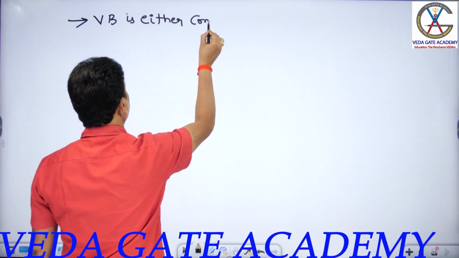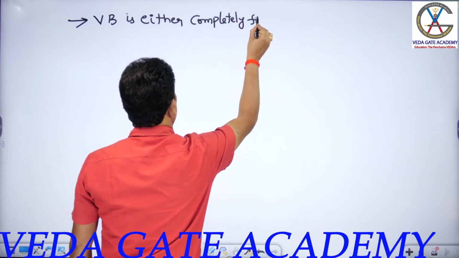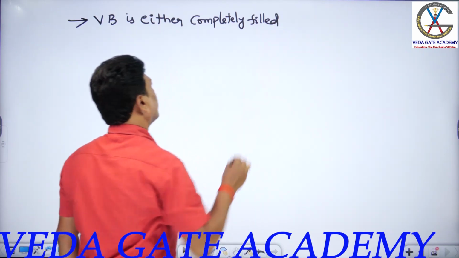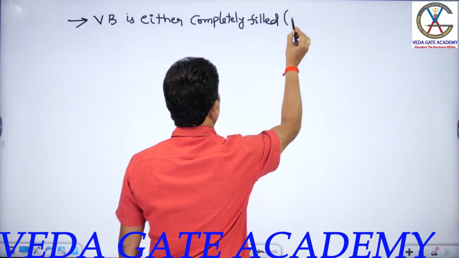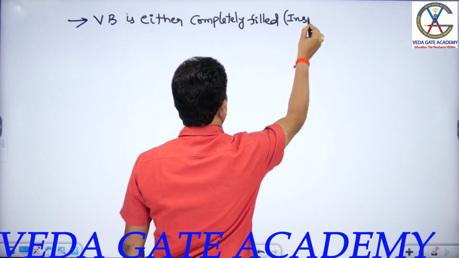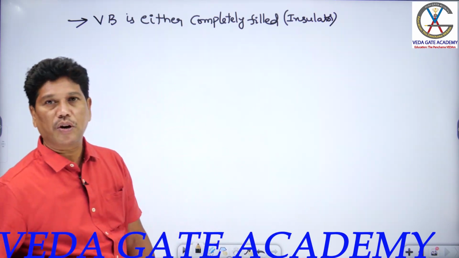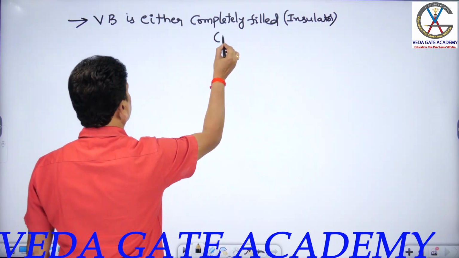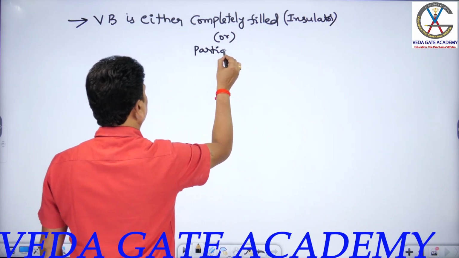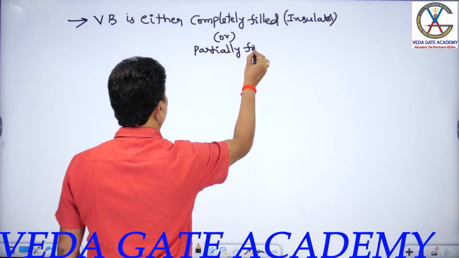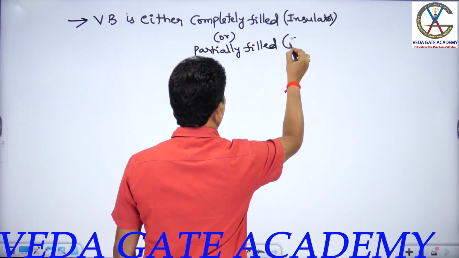Completely filled appears in the case of insulators. Or partially filled, which means electrons are distributed in both valence and conduction bands. That you can get in conductors.